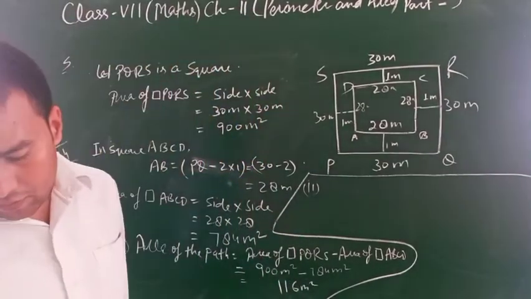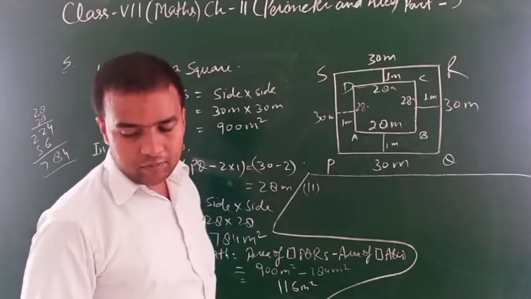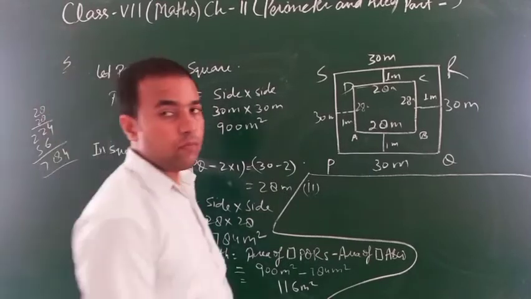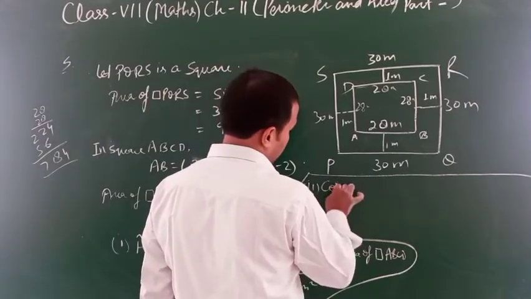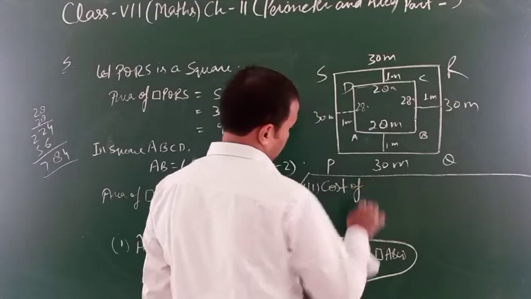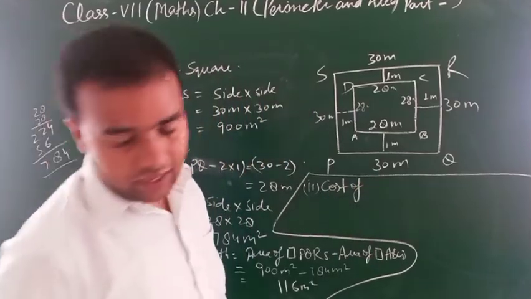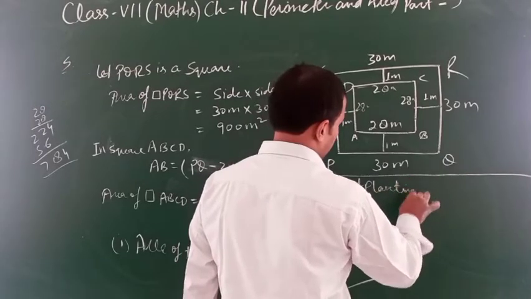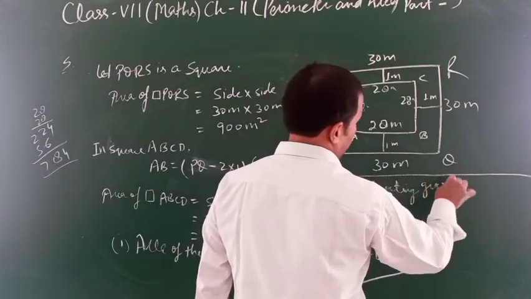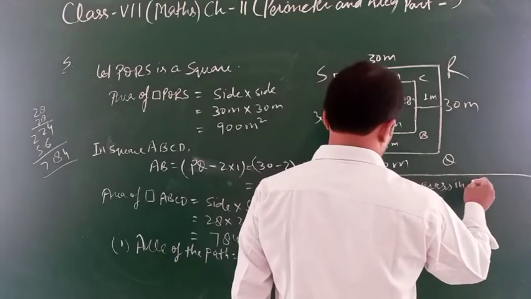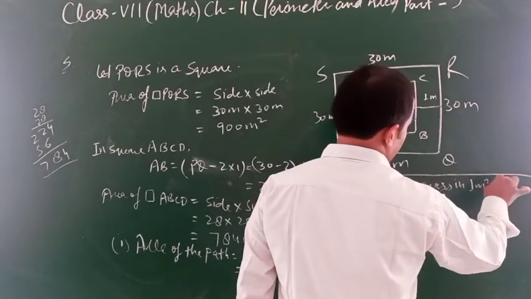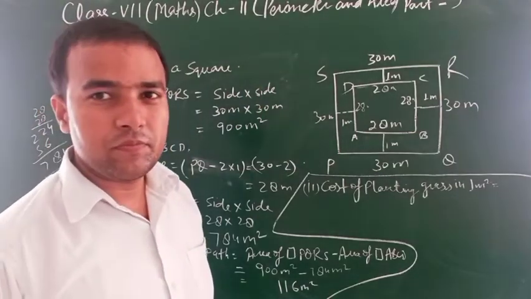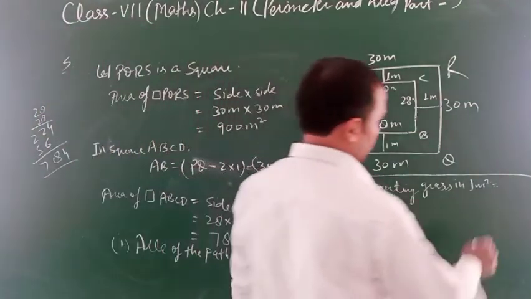The cost of planting grass in 1 meter square is equal to how much? 40 rupees.